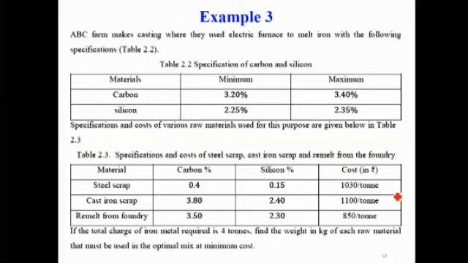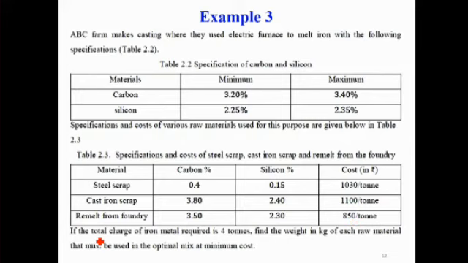Ton means 1000 kg. Those units you should understand. Cast iron: carbon 3.8%, silicon 2.4%. Then remelt from foundry: 3.5% carbon, 2.3% silicon, and their corresponding cost is given per ton.